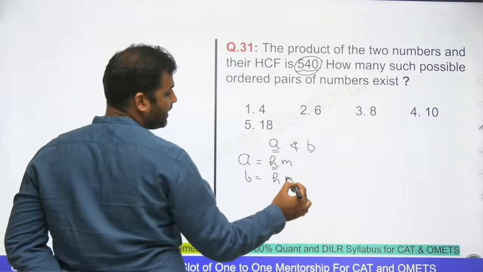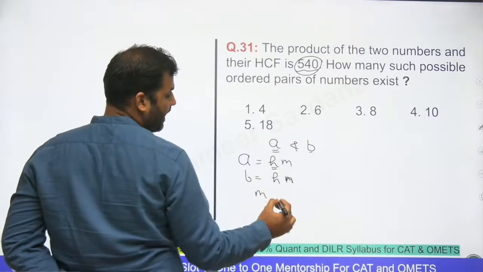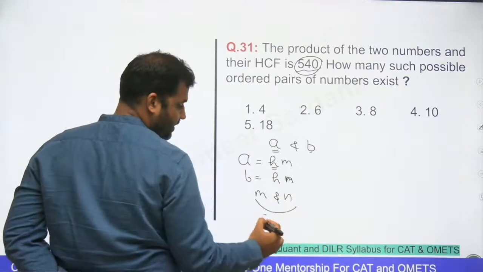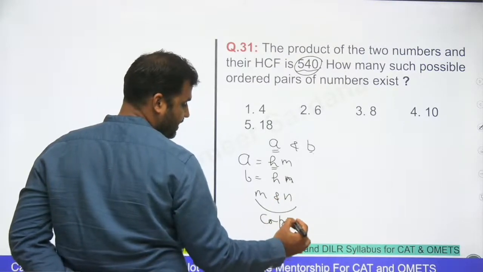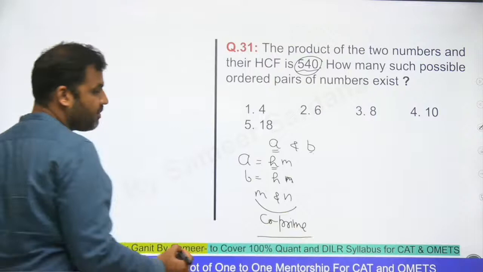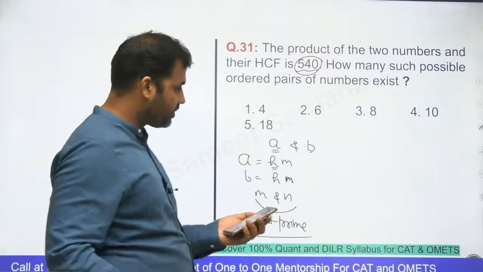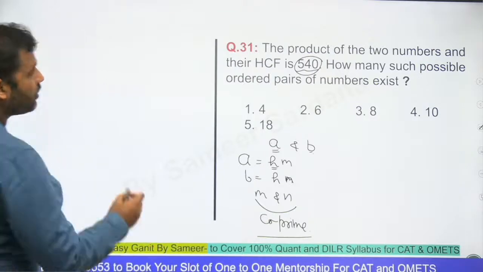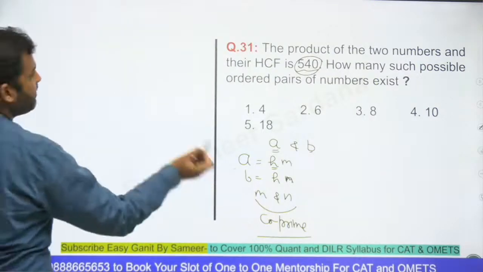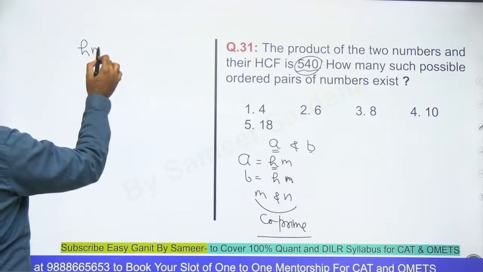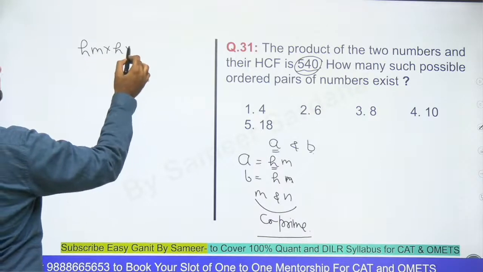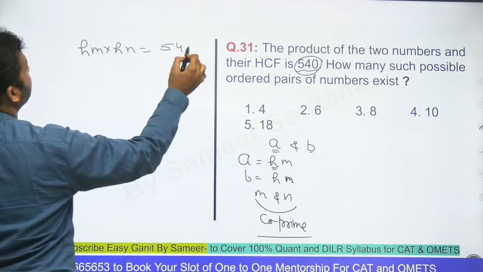H is HCF. So can I say M and N both are supposed to be co-prime with each other? Can I say this, guys? M and N as numbers should be co-prime with each other, बच्चों. Yes or no? Now question says the product of two numbers, that means HM multiplied by HN is given to me as 540.